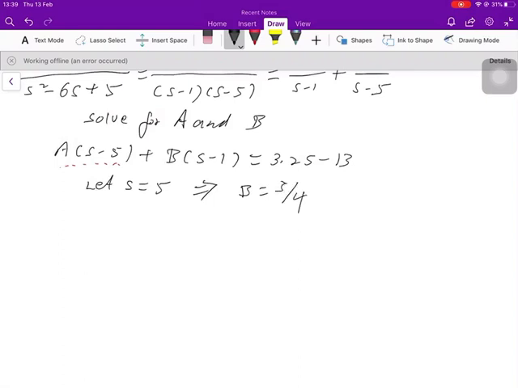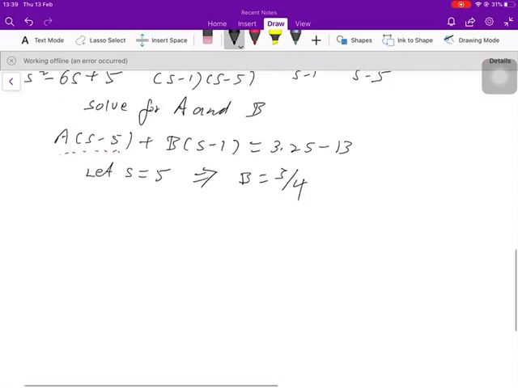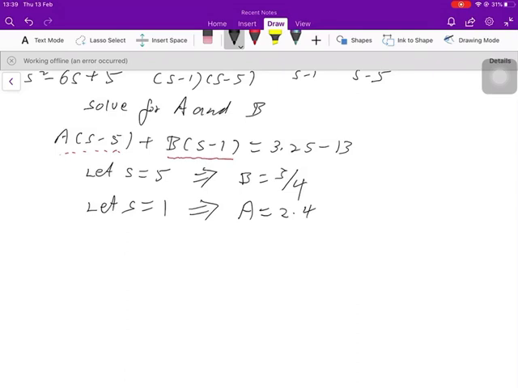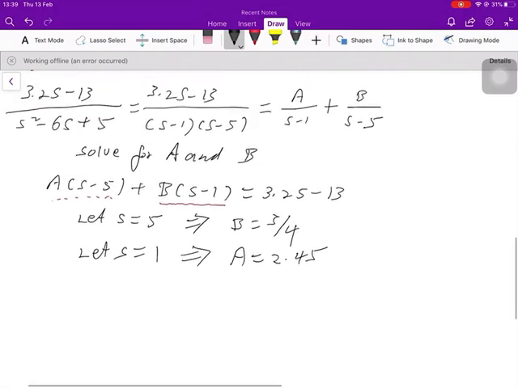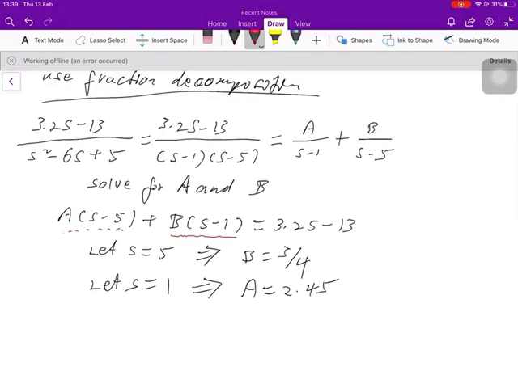For the second coefficient, A, we let s equal to 1, which eliminates the variable B. This term will be equal to 0, and then we can find the A value, which is 2.45.